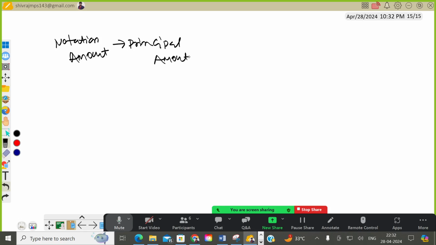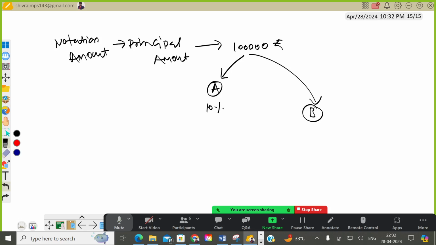Let's say the principal amount is 1 lakh. A is paying 10% interest payment, and B is paying, let's say, 12% interest payment.